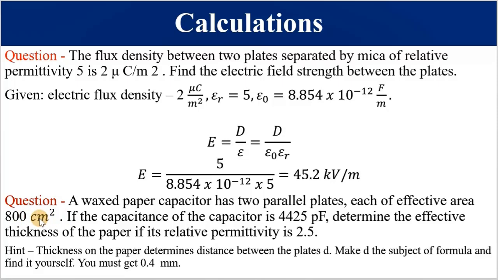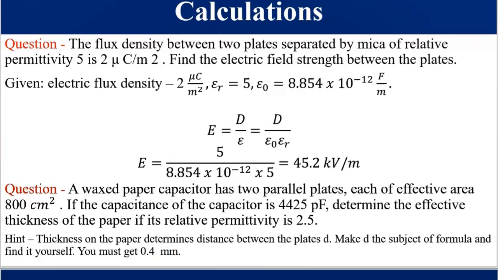This must be converted to square meters, and we are saying the capacitance is 4,425 picofarads, and we are saying determine the effective thickness of the paper, and the thickness of the paper is equal to the distance between the plates D, and you are given epsilon R is equal to 2.5. Do that on your own, guys, and make sure you get 0.4 millimeters.